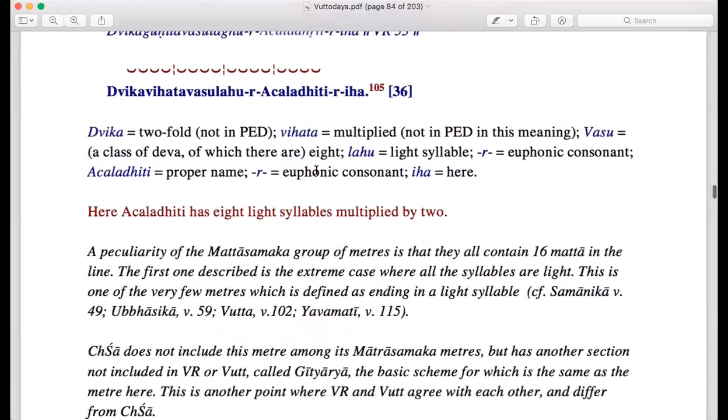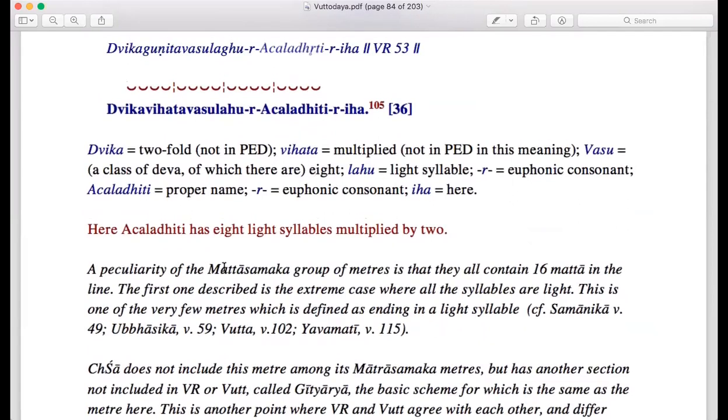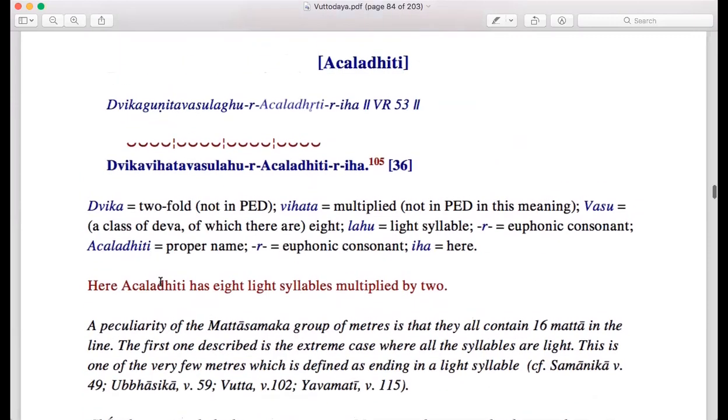So the meaning of this verse is here. Achala dhiti has 8 light syllables multiplied by 2. That means in this matta samaka group, the verse which is called achala dhiti has 8 light syllables multiplied by 2. 8 multiplied by 2 is 16, right?